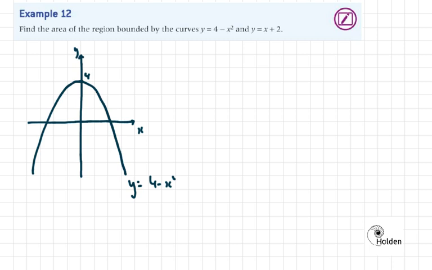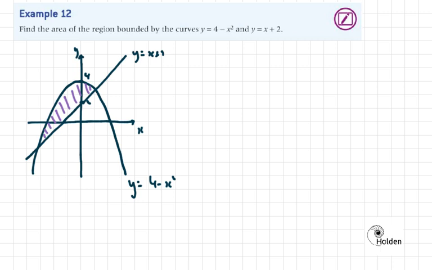And then we've got x plus 2, so it's passing the y-axis at 2, and it's got a gradient of 1. So it looks like it definitely has two points at which they cross, and the question is asking us to find the shaded region here.